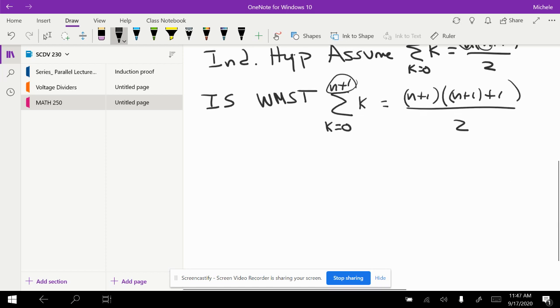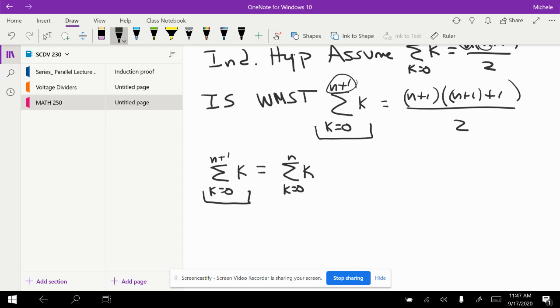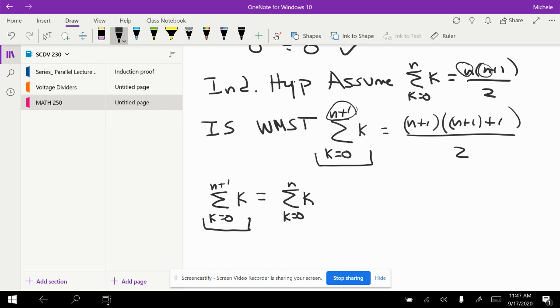Is it actually true? Well, I'm going to split this up into the sum from k equals 0 to n plus the next term, the n plus 1 term.